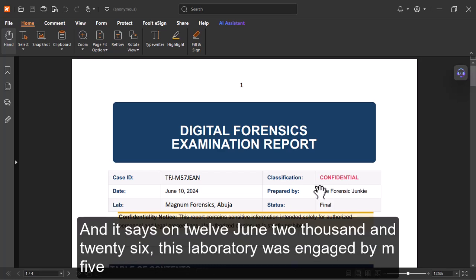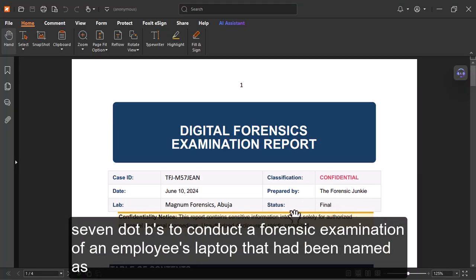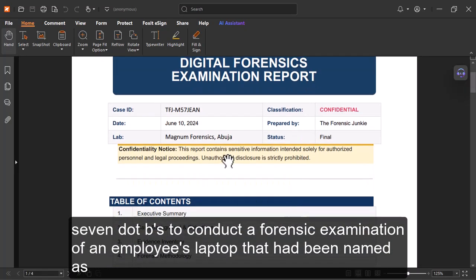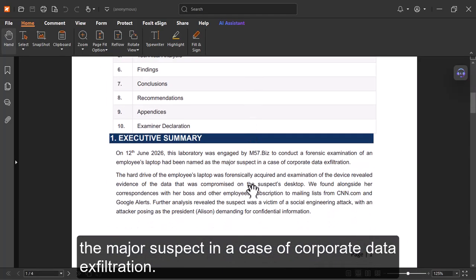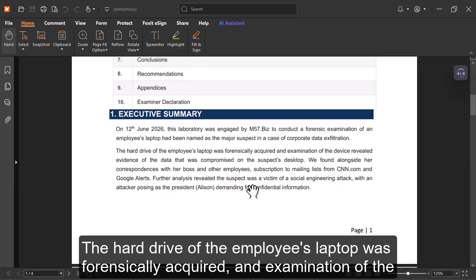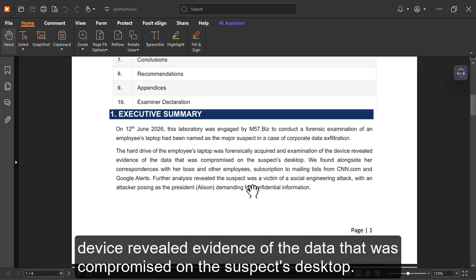And it says on 12th June 2026, this laboratory was engaged by M57.Bs to conduct a forensic examination of an employee's laptop that had been named as the major suspect in a case of corporate data exfiltration. The hard drive of the employee's laptop was forensically acquired, and examination of the device revealed evidence of the data that was compromised on the suspect's desktop.